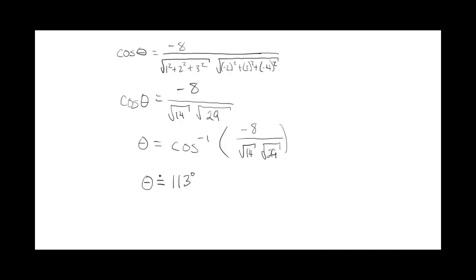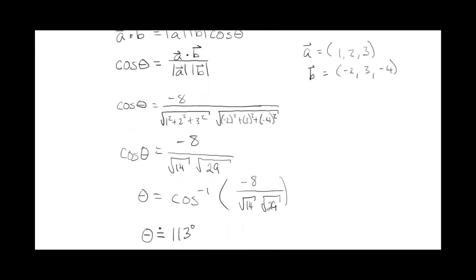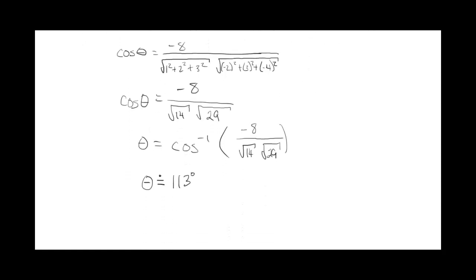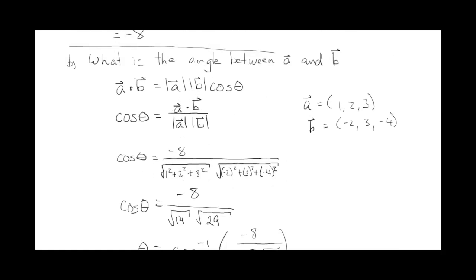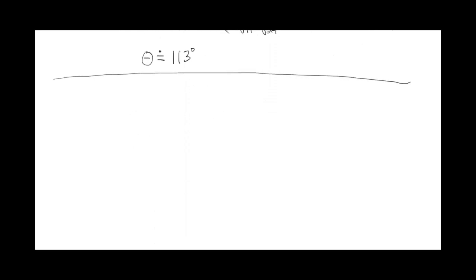So the angle between A and B is 113 degrees. So you can use this formula to calculate the angle between two vectors, just by calculating the dot product and the magnitude of the two vectors, which is one very useful application of the dot product and something you should definitely know how to do.